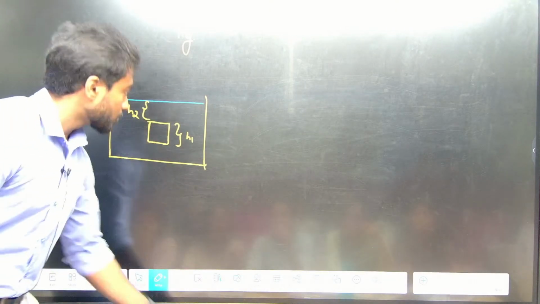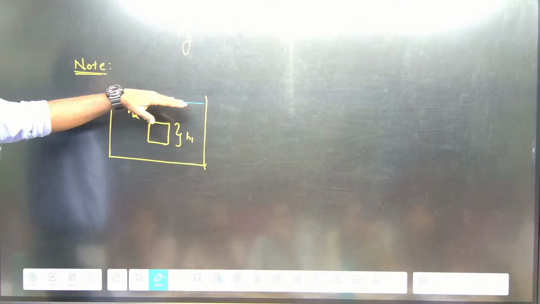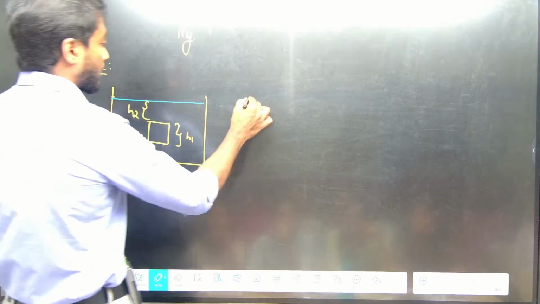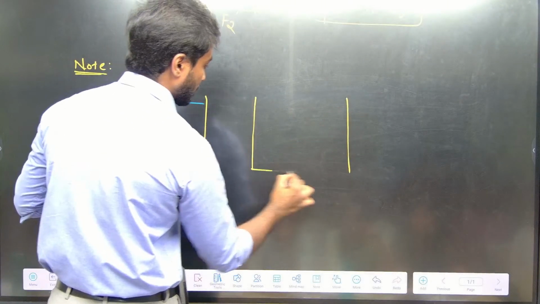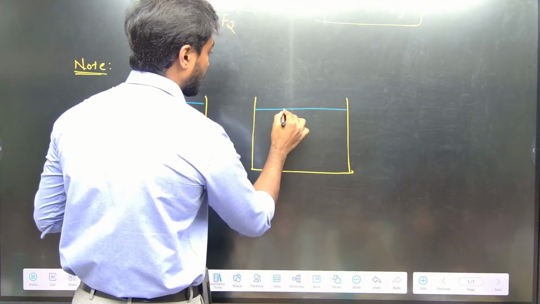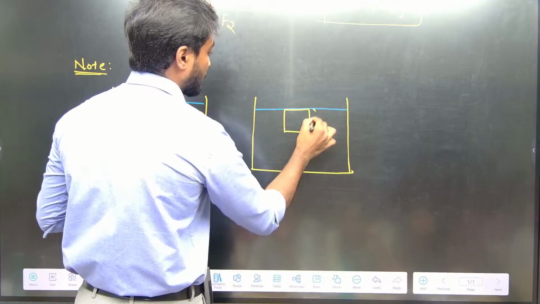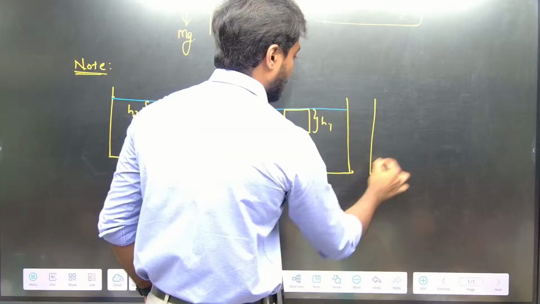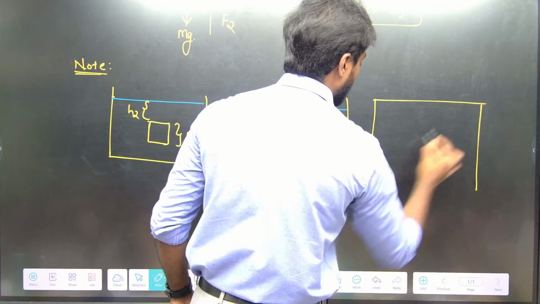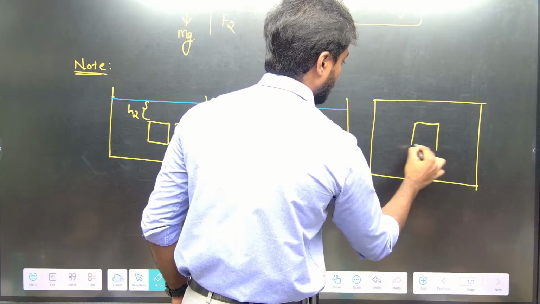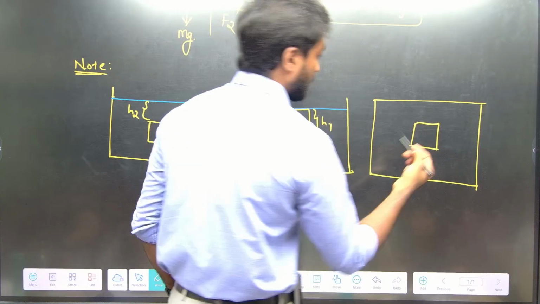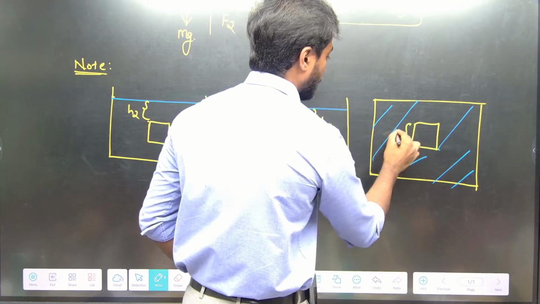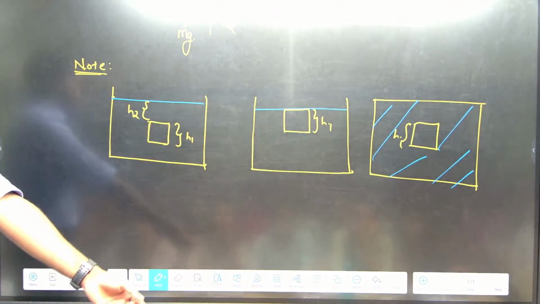This is the water top surface, and the object is inside the water. So h2 and this is h1. The next condition is the object is exactly like this. So this is h, or h1, whatever it is, and the third condition is a closed one. Water is there in this also. Take these 3 conditions, and I will say the formula.